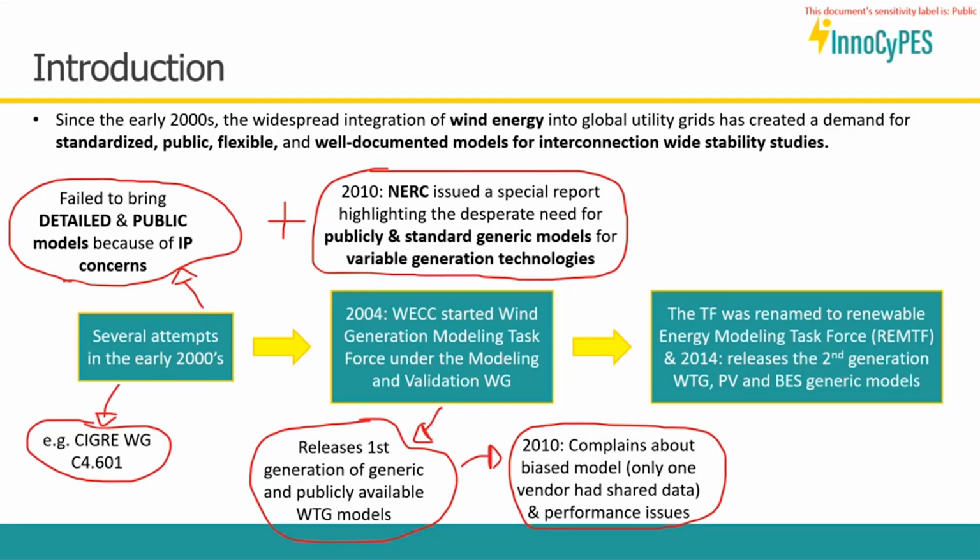And then in 2014, they released the second generation wind turbine generator models, as well as PV and battery energy storage system models. So they broadened these generic models. I suggest, if you are interested, to look more into these generic models. Why it's interesting here is that for the use case that we used, we based our generic models on the generic models that they provided. That's why I'm also talking about them.